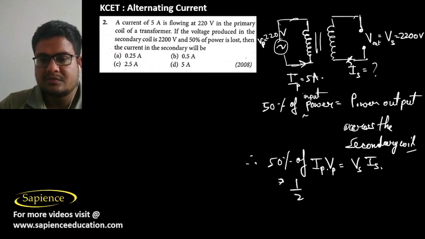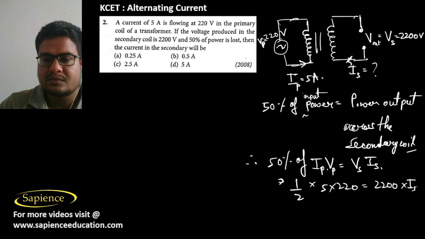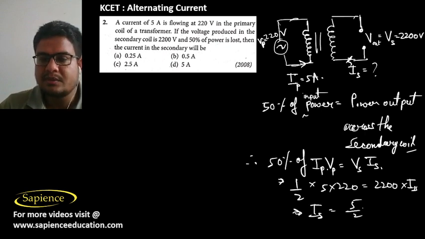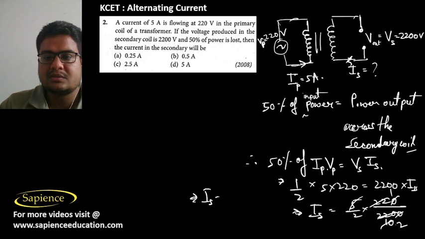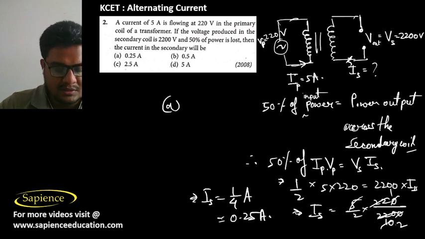It means half of 5 ampere into 220 volt is equal to Vs into Is. So Is is 5 by 2 into 220 by 220, which is 1 by 4 ampere, that is equal to 0.25. Option A is the correct answer.